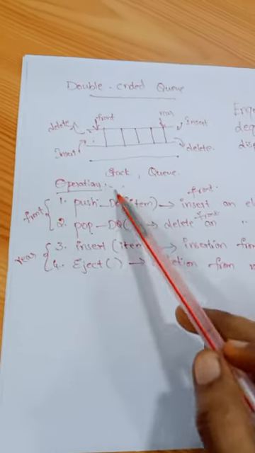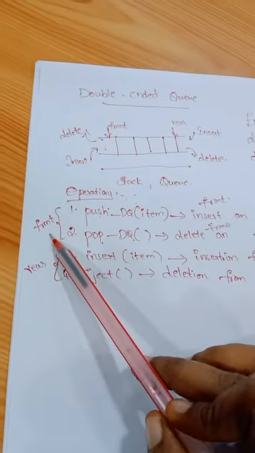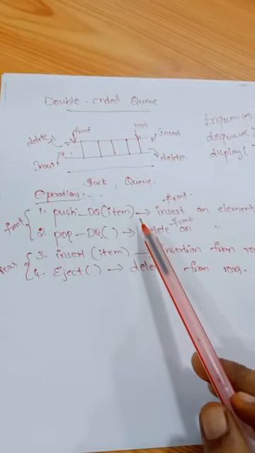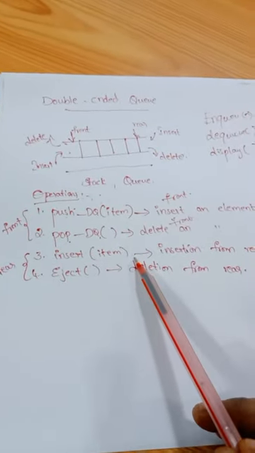The first two operations are performed from the front end, and the second two operations from the rear end. These are the operations of a double-ended queue.